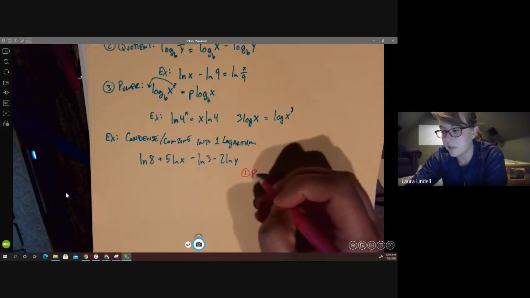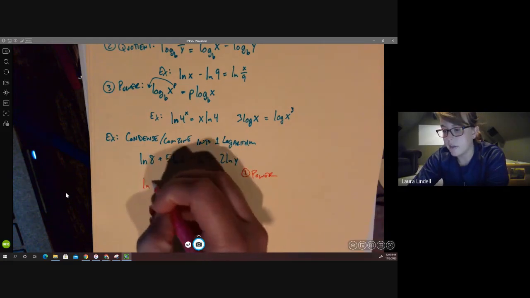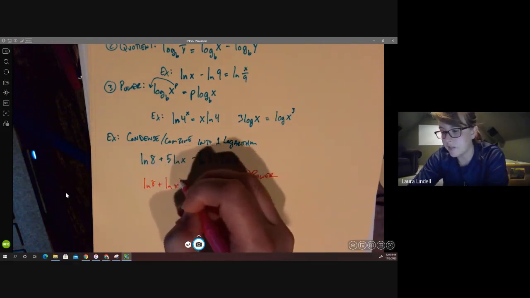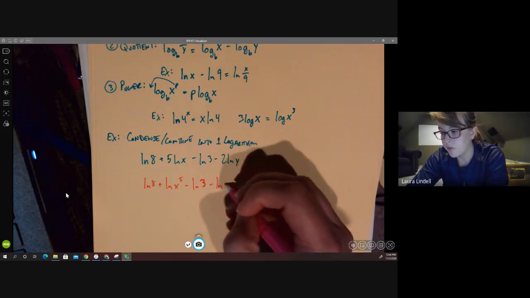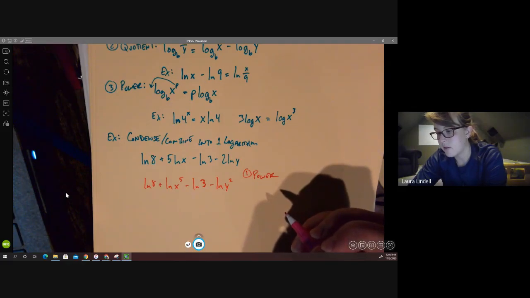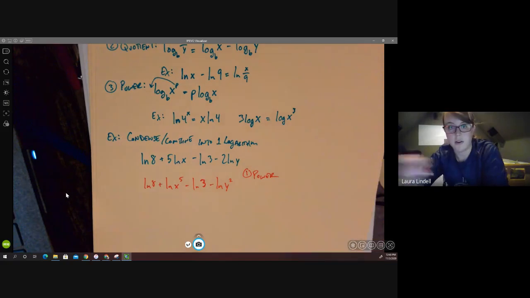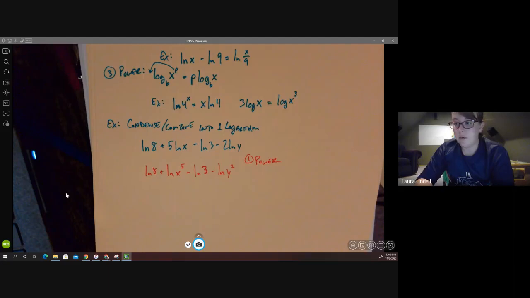So the first thing I'm going to do is the power property to get natural log of 8 plus natural log of x to the 5th minus natural log of 3 minus here as well, natural log of y squared. Okay. Then from here we have a couple things we could do.